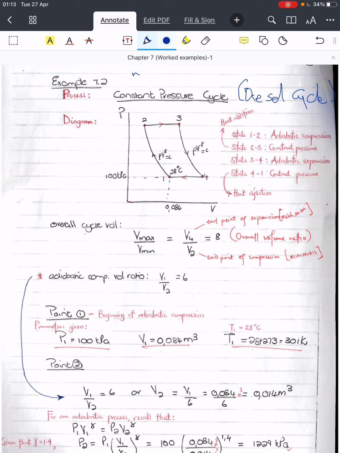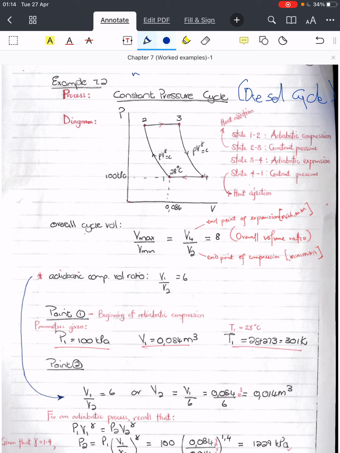Since it's the overall ratio, you'll be looking at the maximum volume and the minimum volume. We'll be able to pick that up from the sketch in a short while.